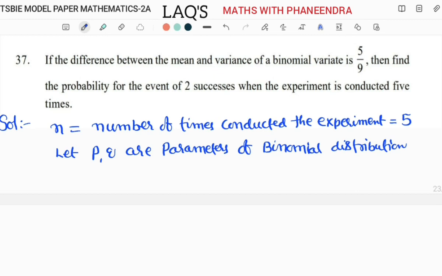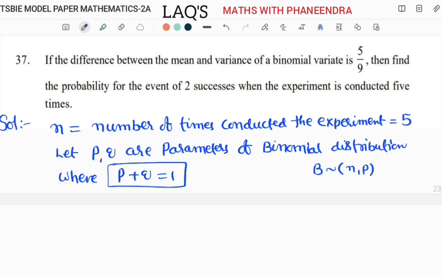So it follows a binomial distribution, binomial (n, p), and we know that p plus q is always equal to 1.